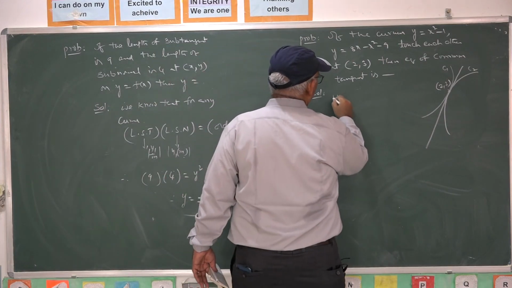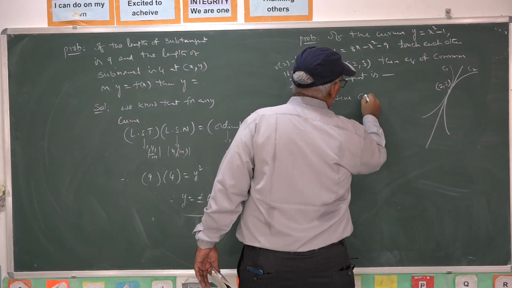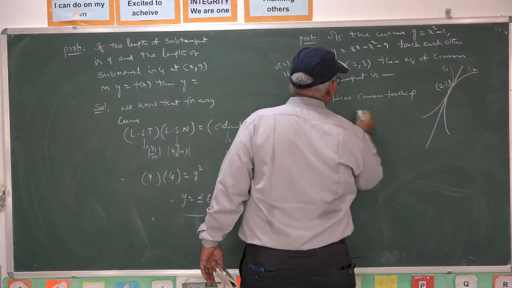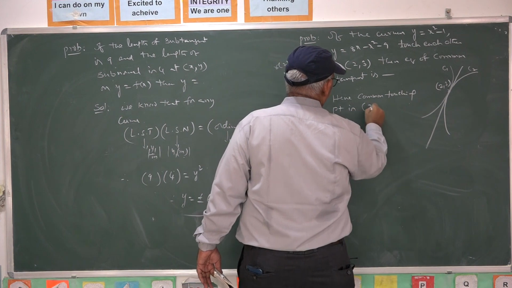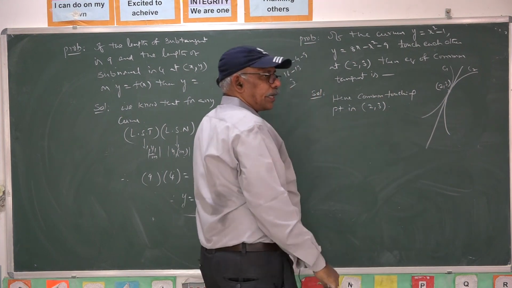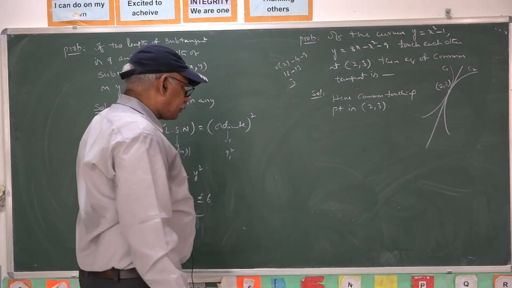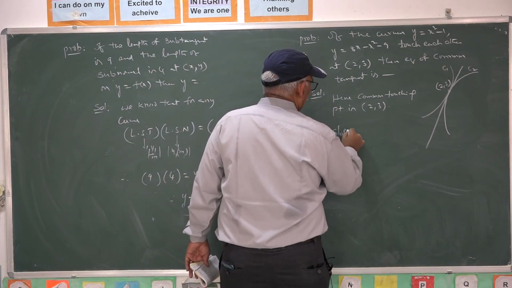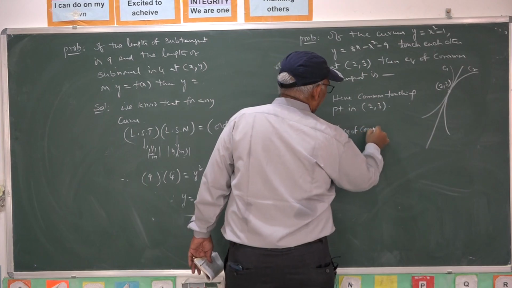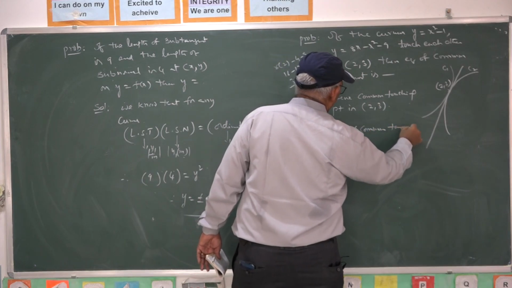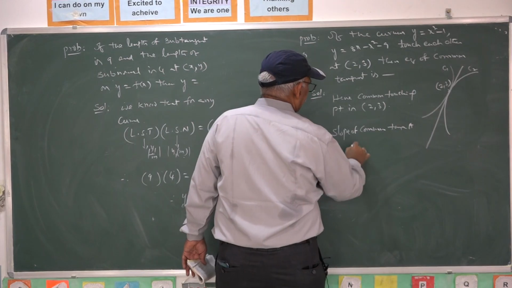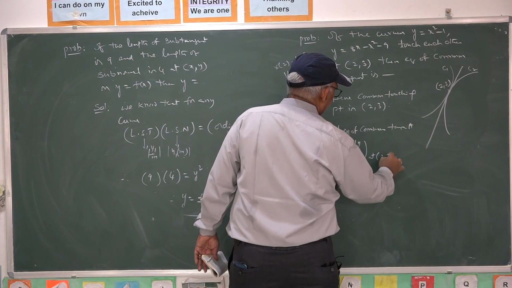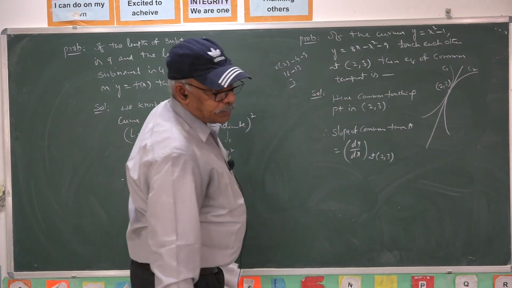So, here the common touching point is given as 2, 3. The tangent is drawn at 2, 3. Now, the slope of the common tangent is given by dy by dx at 2, 3. The dy by dx may be taken from any curve.